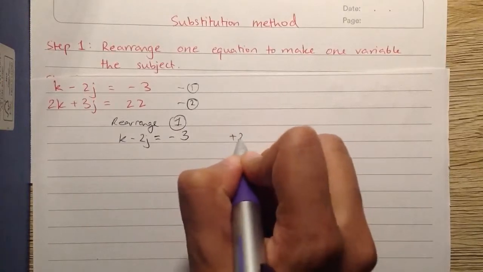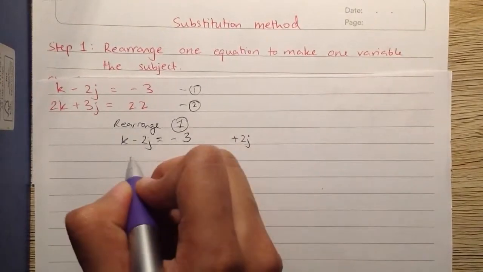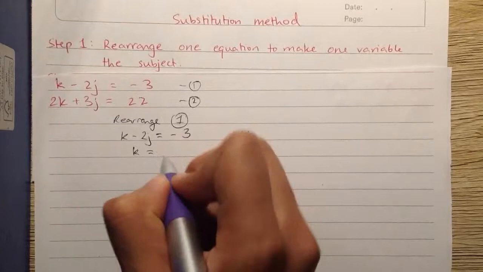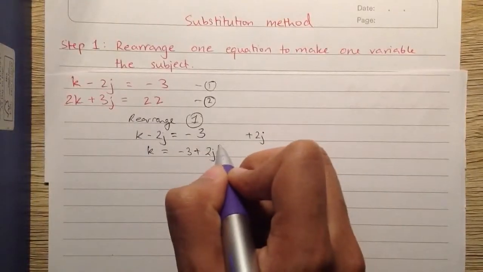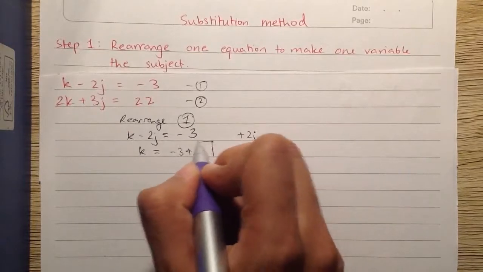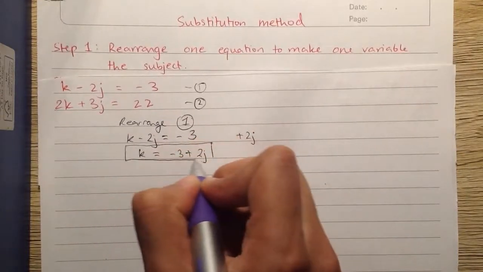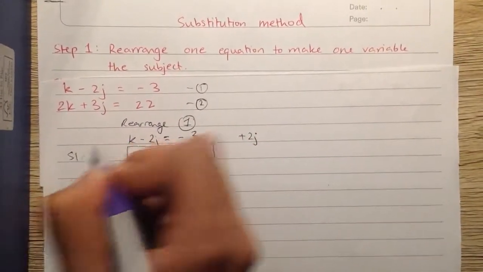So if we add 2j to both sides, k will equal -3 plus 2j. Alright, so we have done step 1.